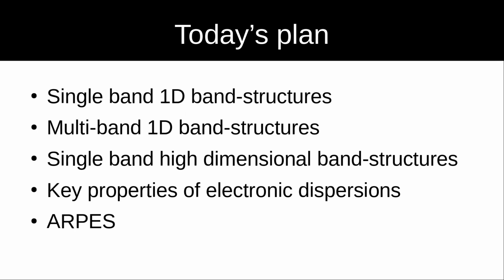Okay, so in practice, we are going to look a little bit more in detail on how we can compute bands in the simplest case where we have just one orbital per unit cell. So the system is essentially a system that has translational symmetry with a single orbital. Then we will move on to consider multi-orbital systems, meaning that we have several orbitals per unit cell and this unit cell is replicated in real space. Then we will look at how we can use this idea that works in one dimension for higher dimensional systems.